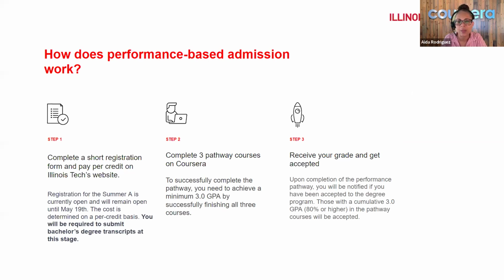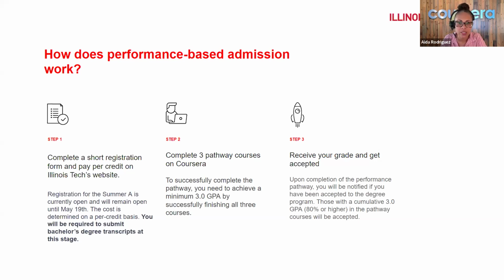You will then create a profile with basic information, upload your transcripts, and then select the pathway courses that you want to register for during that particular term. Currently, we're enrolling students for the fall B term, which will be starting in about 2 weeks, October the 14th. So we still have some time to get some students in the program.